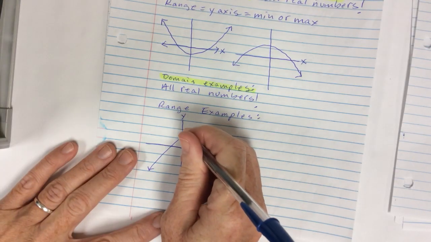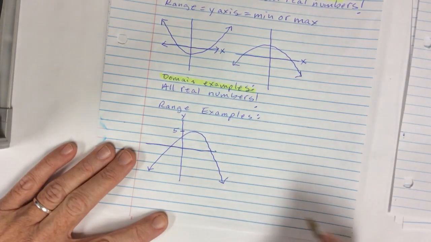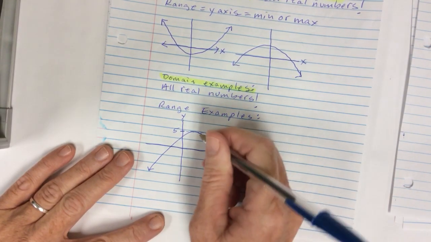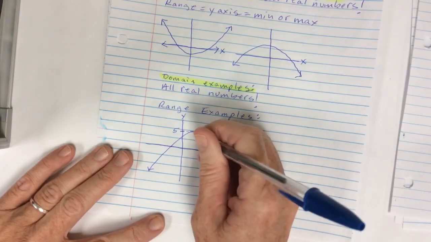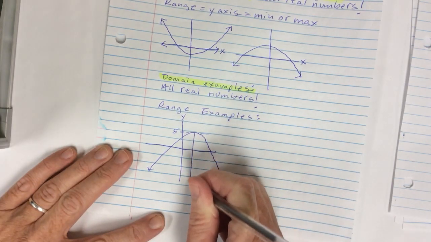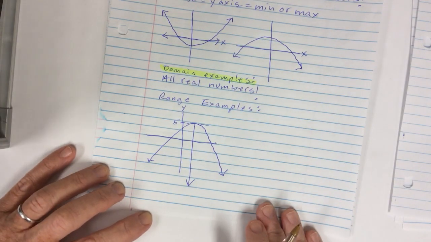And let's say this number here is 5. So we know the parabola's maximum is 5, and it includes 5 and all the numbers going down forever.